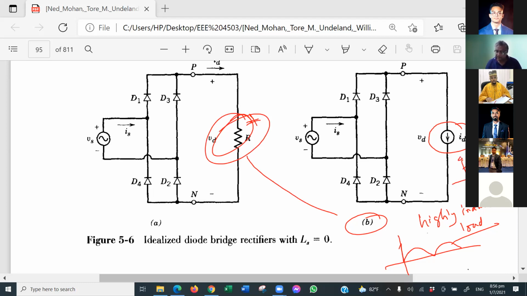We can study that later from Muhammad Rashid's books, or you can go through this article. That will be the wave shape of your output current, which can be taken as a constant, and this constant current is nothing but a current source. Is it clear? Yes, sir.